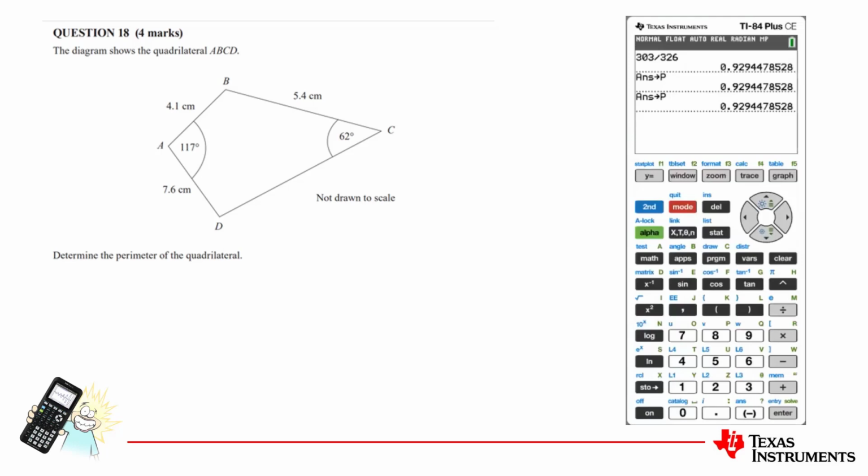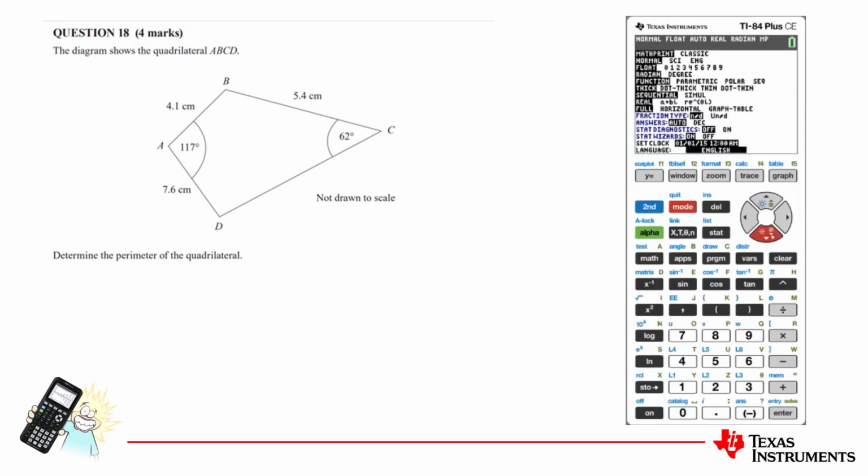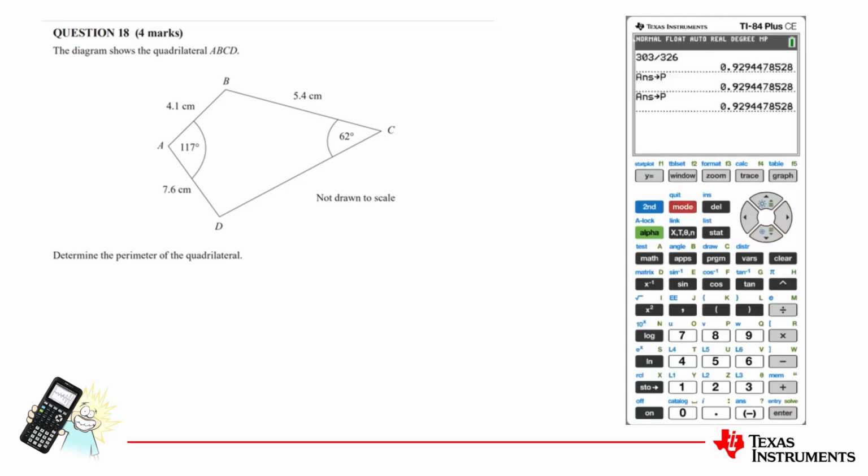So when I was solving this question, the first thing I definitely want to do is check my calculator's on radian mode, and I want to change it to degrees because it's a trigonometry question where we've got angles in terms of degrees. From here, I'm going to use cosine rule to solve for the length of BD.